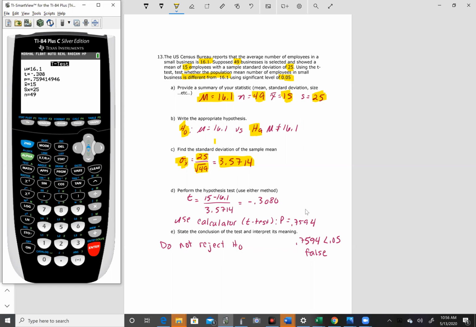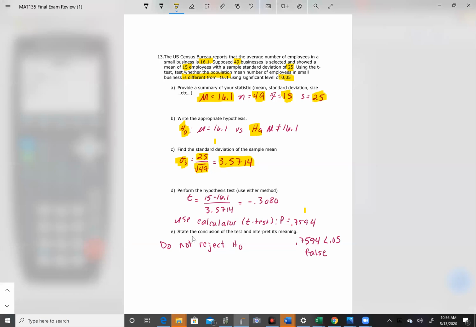So now we do not reject the original hypothesis because our p-score is not less than our significant level, okay? Because the p-score is not less than the significant level, we are not going to reject the hypothesis.